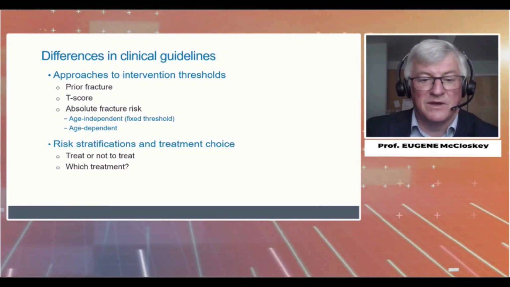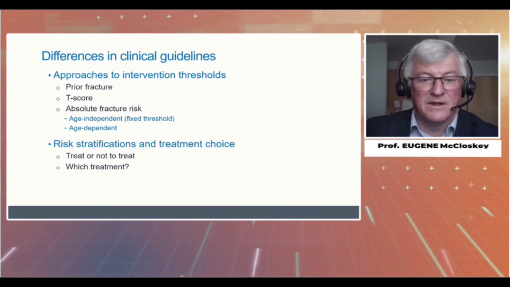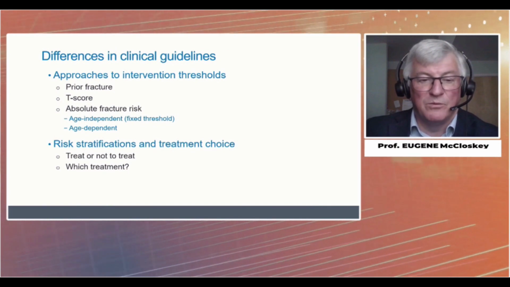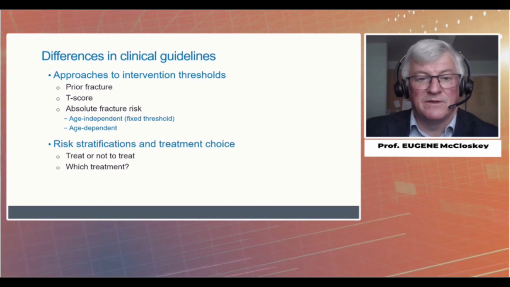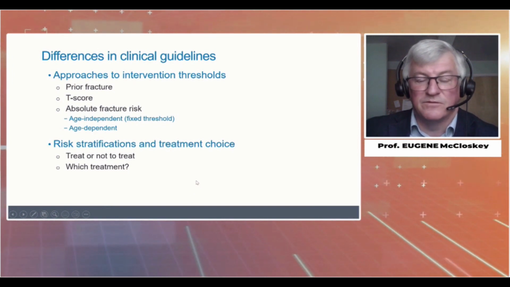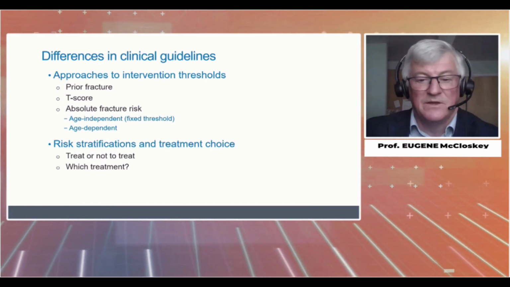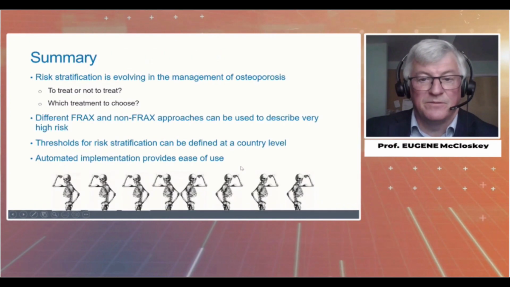It allows us to input other risk variables into that calculation above bone mineral density and above prior fracture. And that's an approach that I think will prove useful in the future for allowing us to have better access to bone forming treatments as first line treatment.